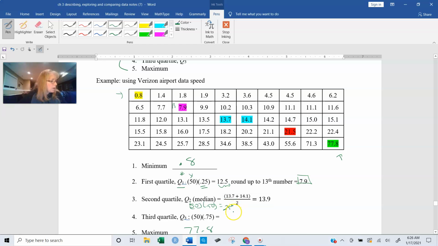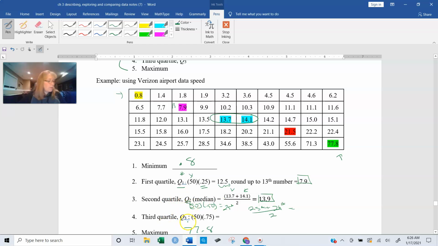Okay, since that's a whole number, I have to take the 25th number plus the 26th number and divide it by 2 to get my number. So that's 13.7 and 14.1. So this is the 25th, this is the 26th, add and divide by 2. So 13.9 is my quartile 2.